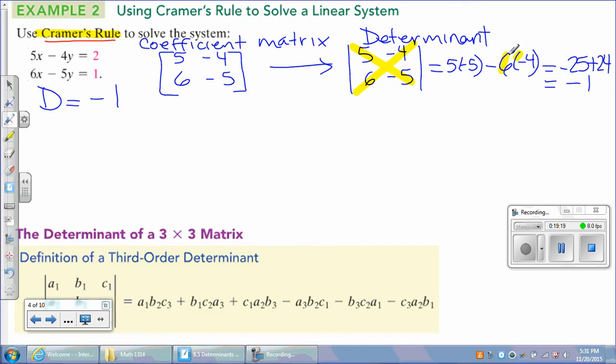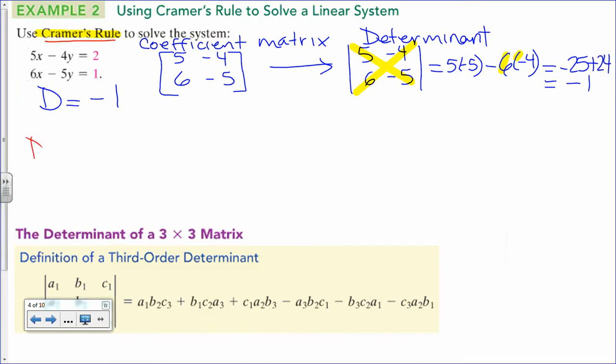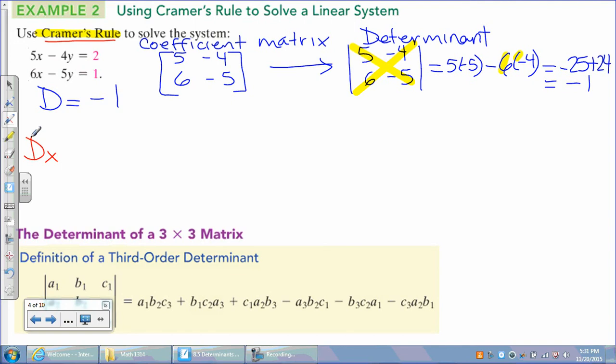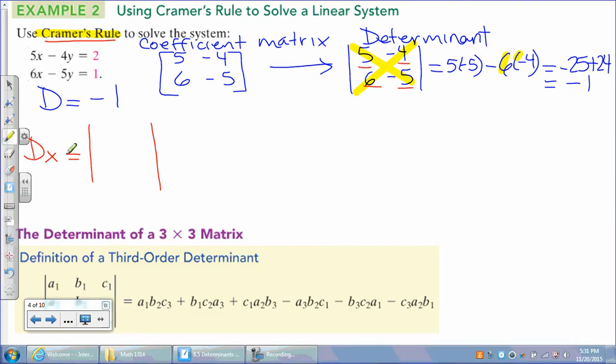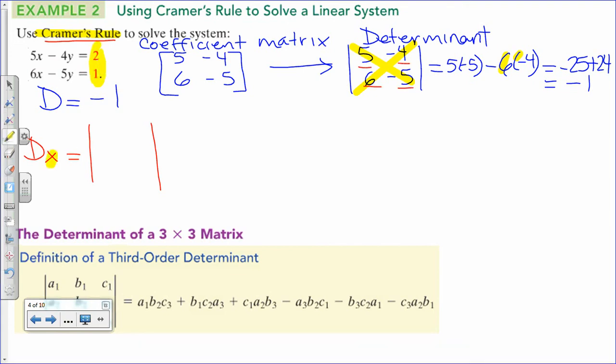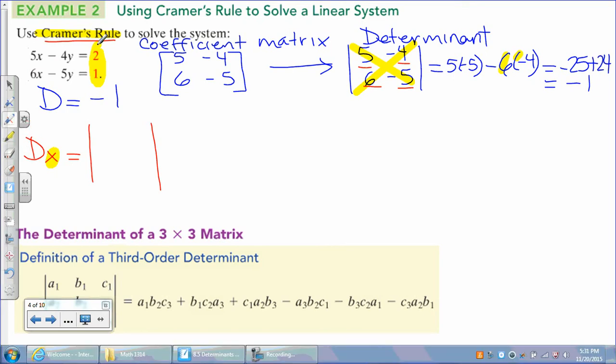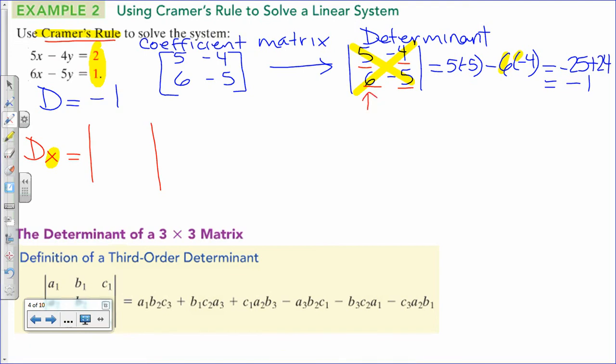Now remember, we need to get 2 more determinants, and one of them will be the determinant of x, not dx. For that, we're going to use the same terms as the original determinant, but we substitute the coefficients of x with the constant terms. So instead of 5 and 6, we will have 2 and 1.